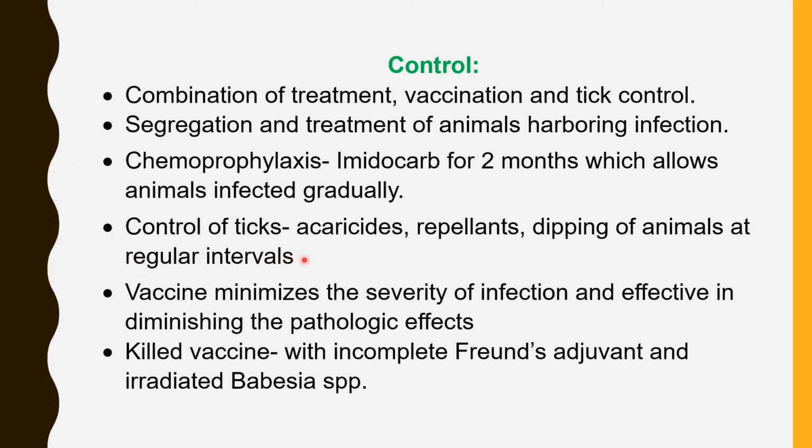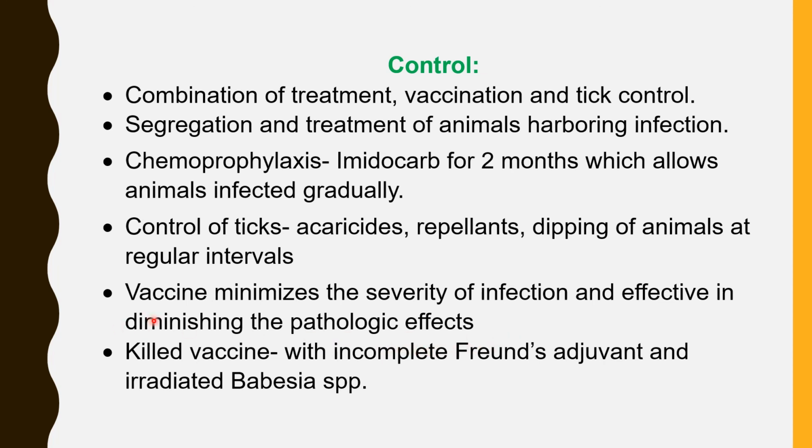Control of ticks by use of acaricides, repellents, dipping of animals at regular intervals. The vaccination program minimizes the severity of infection and is effective in diminishing the pathologic effect on the body.